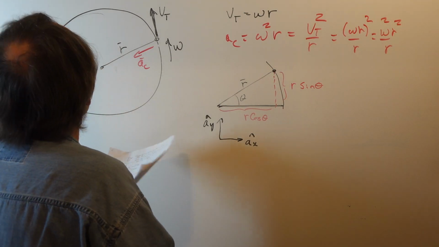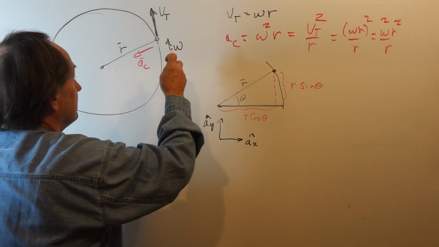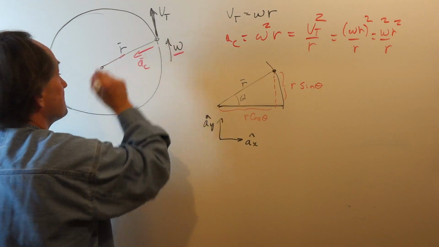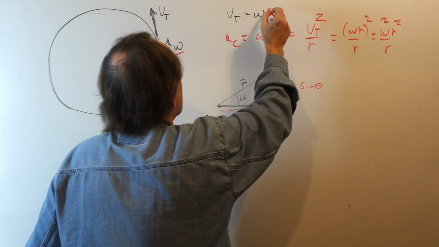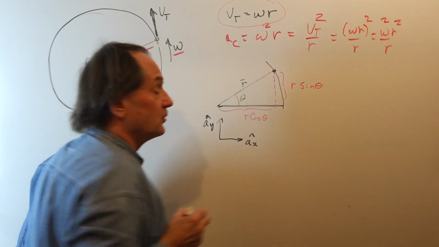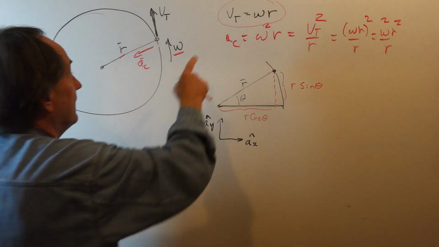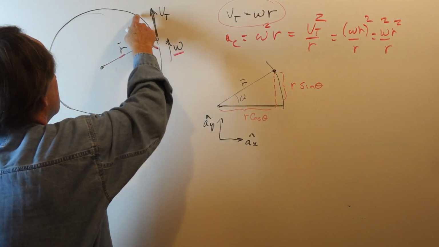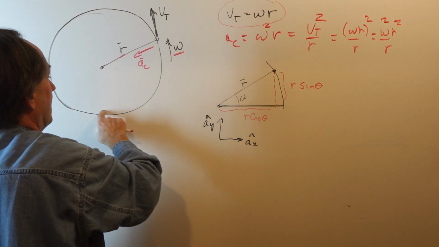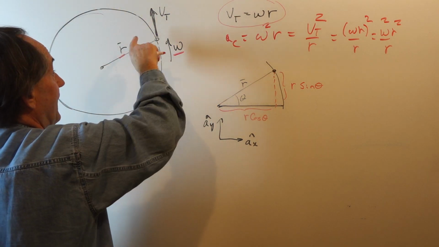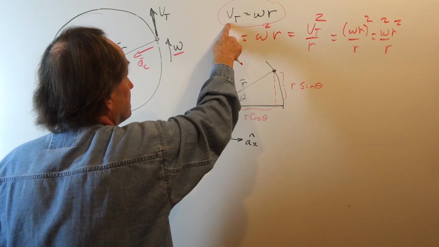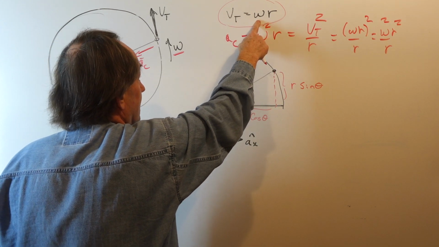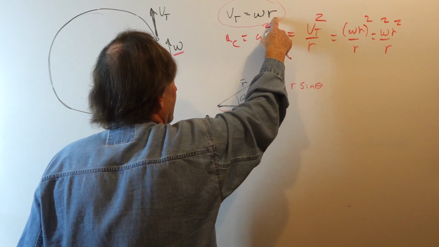Now, if omega, the angular velocity, and the radius are constant, we call this uniform circular motion. That is, the tangential velocity is the same everywhere along the circular path. It never changes. It has a constant magnitude because omega is constant, the radius is constant.